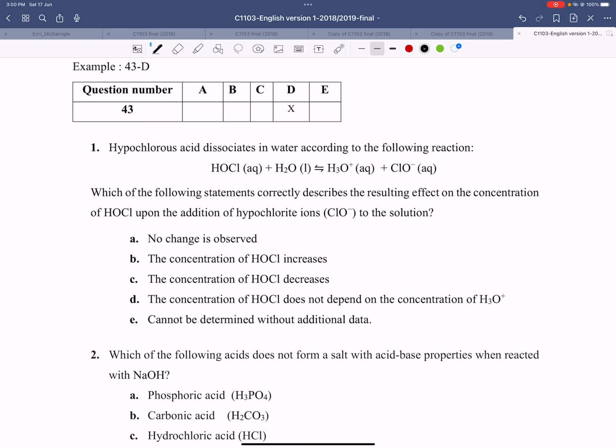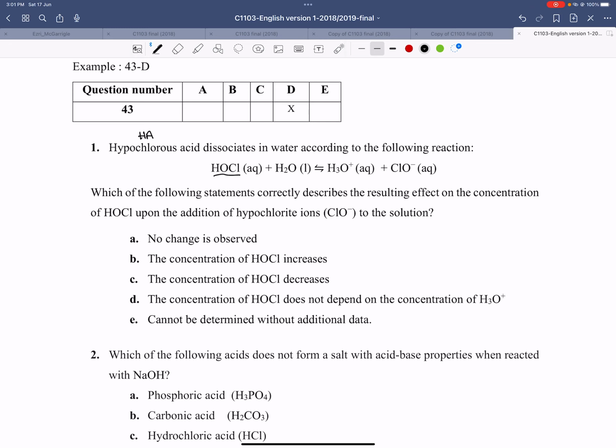So in number one, they state that you have hypochlorous acid, which is HOCl. If you don't know it, it's okay. It's always written, and if the reaction is not written, take a rule: acids are HA, bases are either A minus or B, whatever you're comfortable working with.